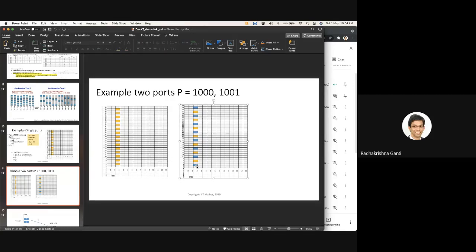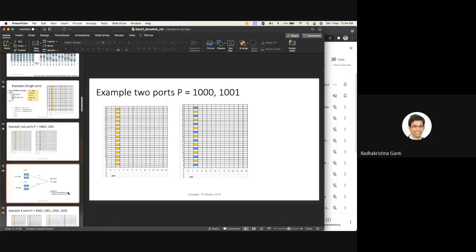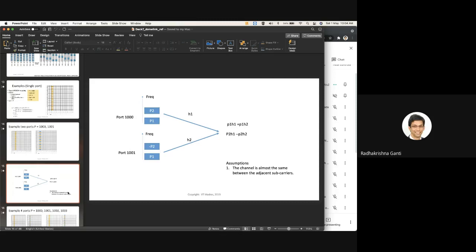It's 2 port. I actually showed that here. This is what happens. We already saw this. The assumption is that the channel is constant across these two frequencies. So you get the first equation, P1H1 plus P1H2, and similarly P2H1 minus P2H2.